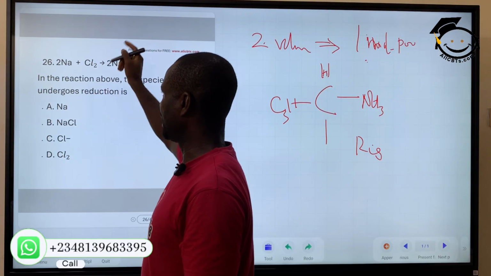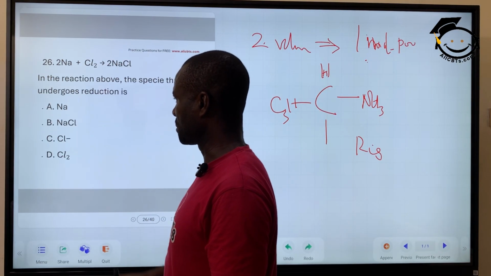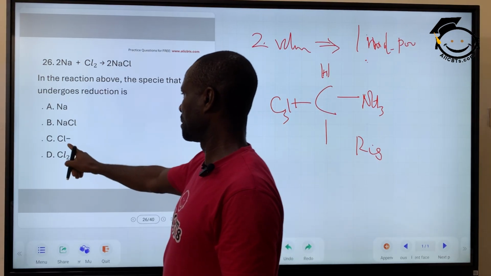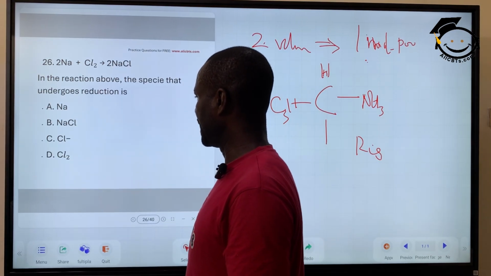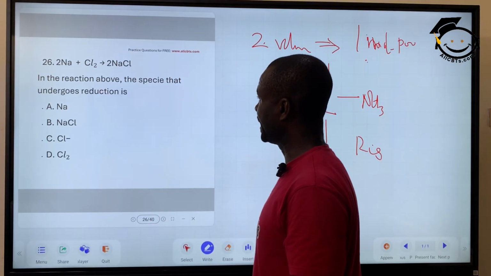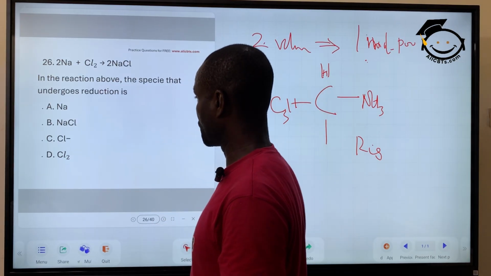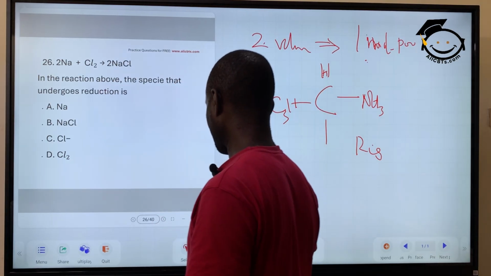Sodium will rather give out electron. In this case, sodium chloride, no. Chloride ion, then chlorine. The correct answer is chlorine. Chlorine gains electron to become sodium chloride. So the correct answer is D, chlorine.